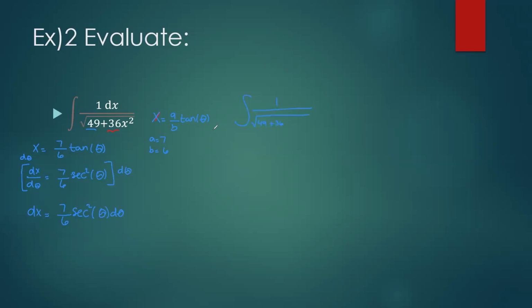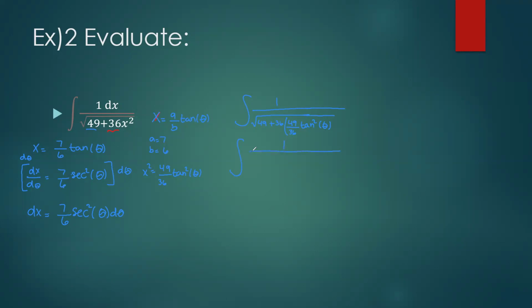So what would x squared be? x squared is 49 over 36 tan squared theta. So it's 36 times 49 over 36 tan squared theta. We should simplify. Is there anything that cancels? Yes, I see the 36 cancels.